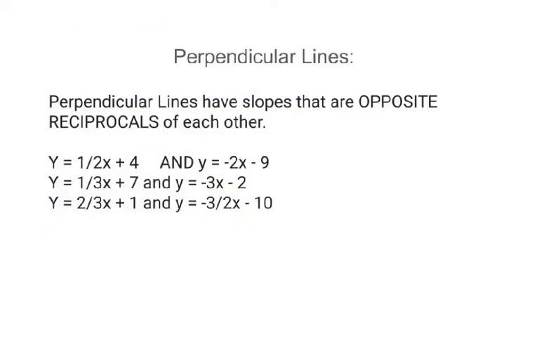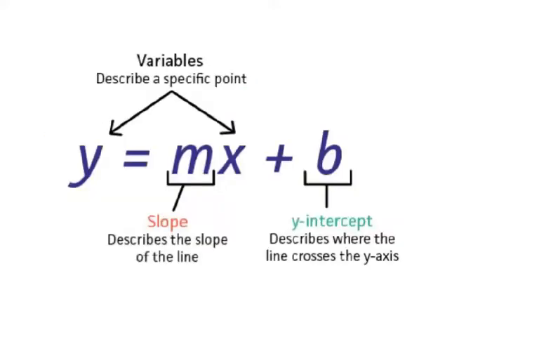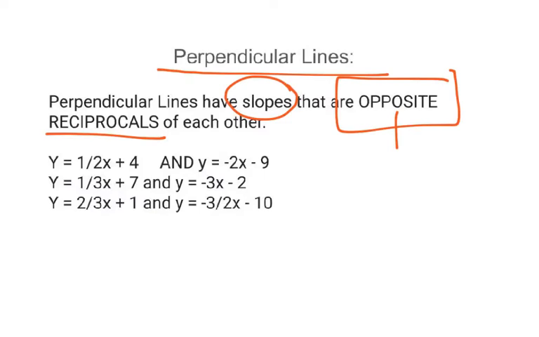So now, how about the perpendicular lines? They have slopes, but they're not the same. They are opposite reciprocals. So first, let's review what opposites mean. Opposites are like 2 and -2, 4 and -4.